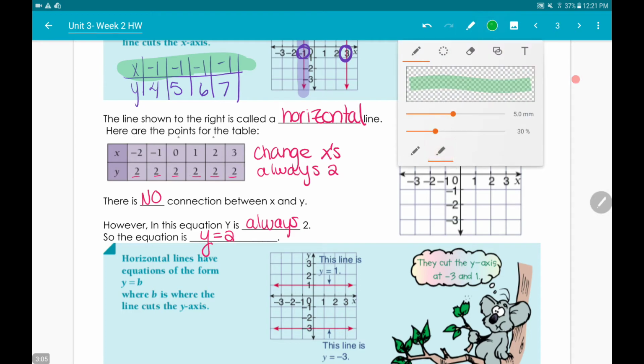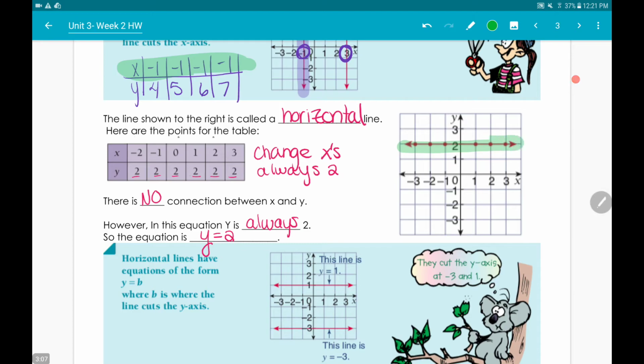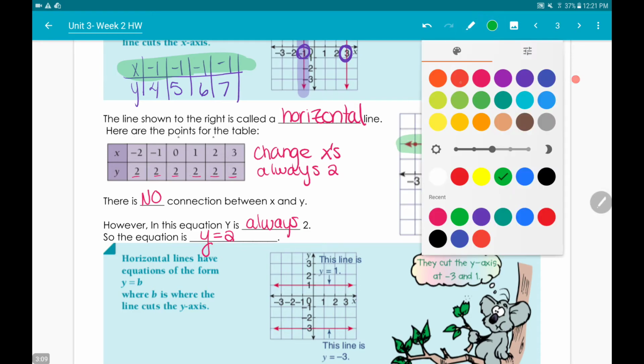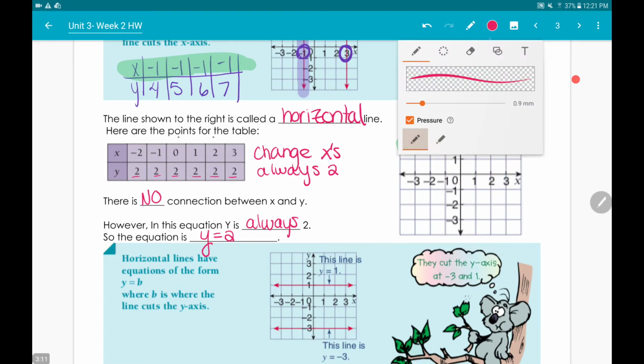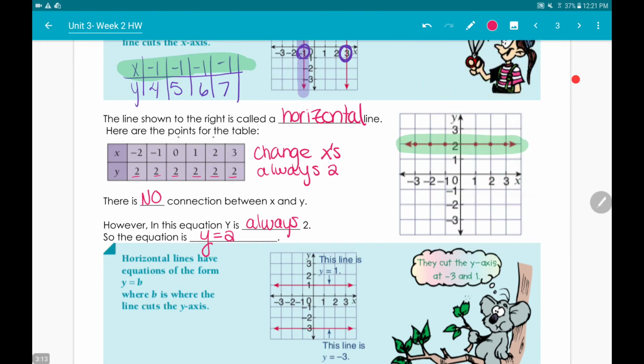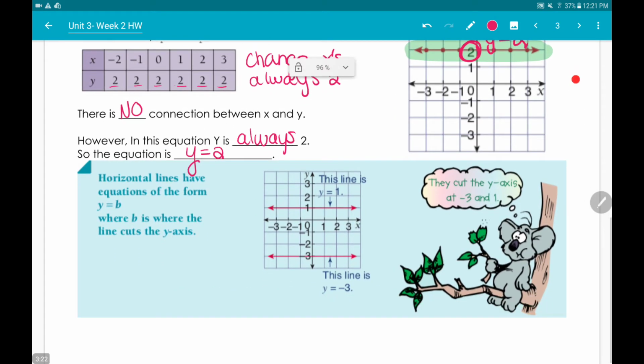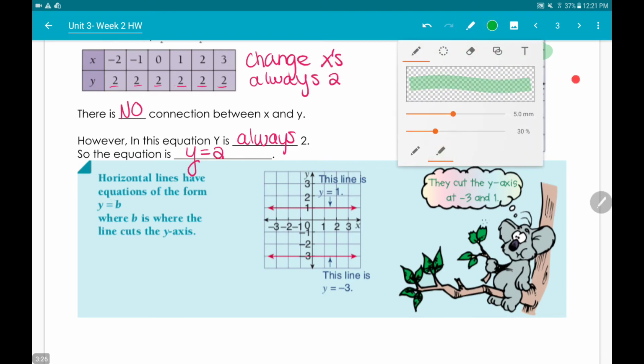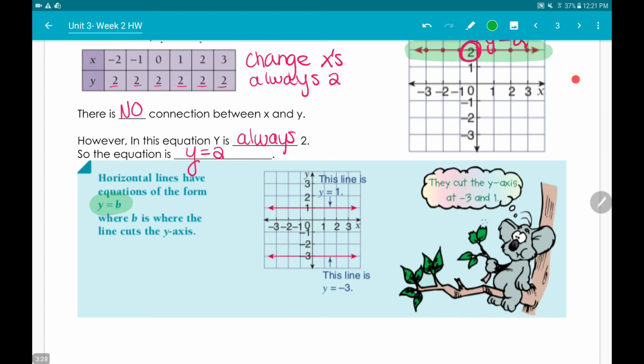So again, if I look here, my horizontal line now goes this way, and we call it y equals 2 because it's cutting through my y-axis at 2. Horizontal lines have the equation y equals some number b.